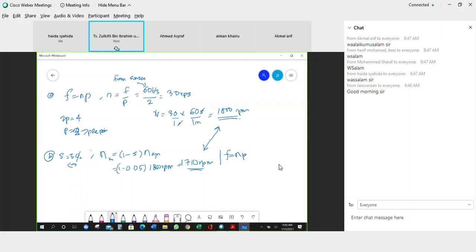Here now your N refers to the rotor speed, which you need to convert first into per second by dividing by 60, and your pole pair is still 2.